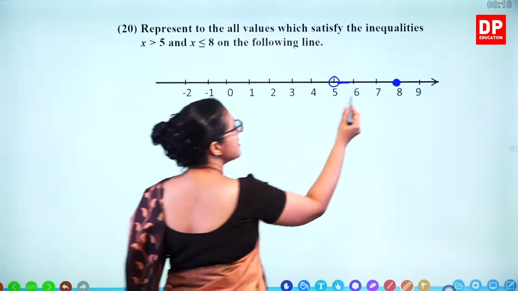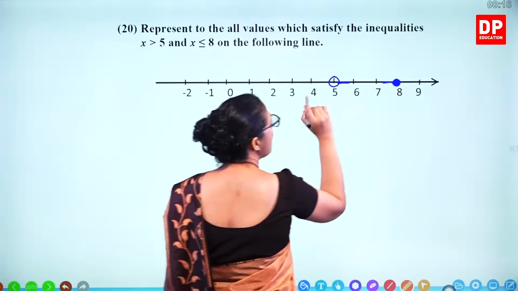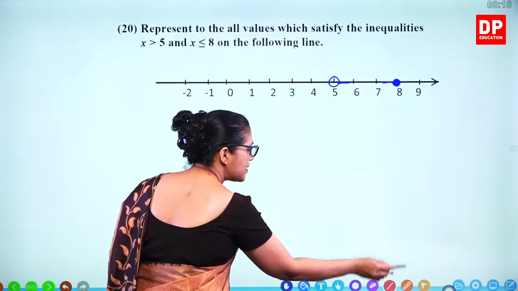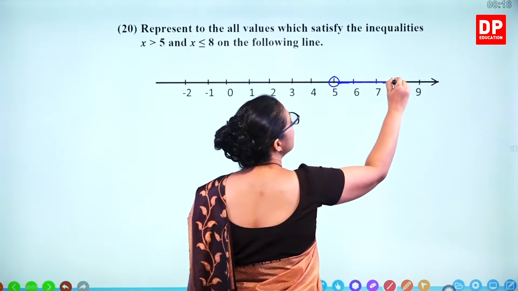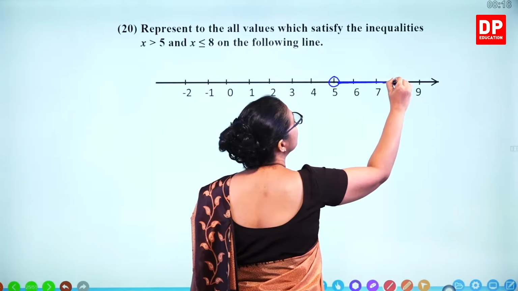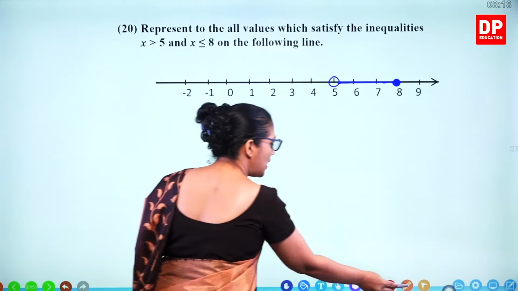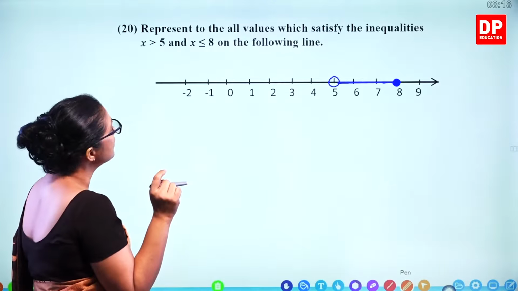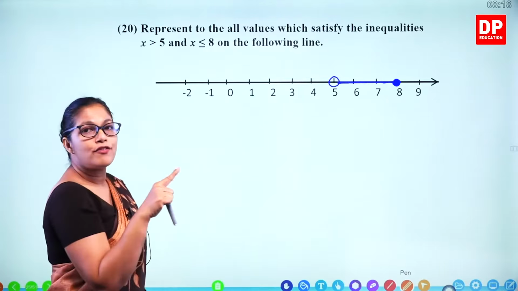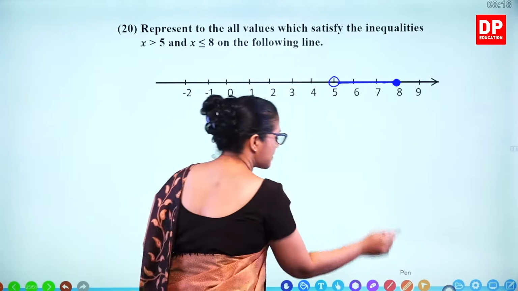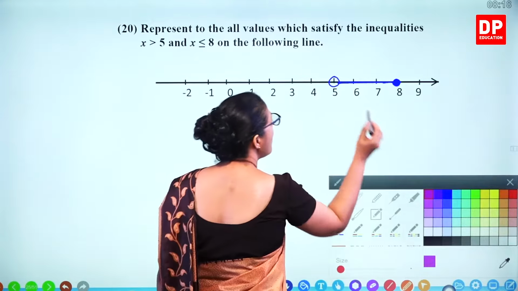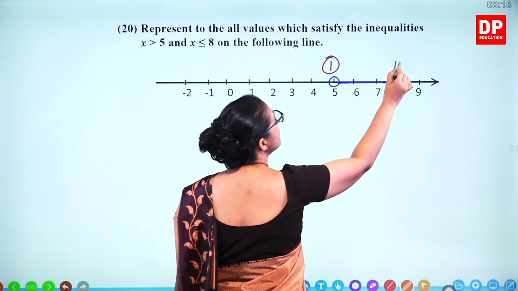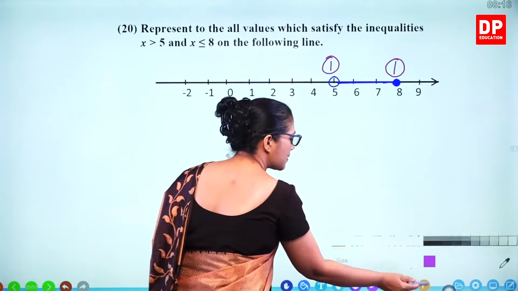Less than means this side. So to satisfy both, you have to color this region, in between 5 and 8. So you can represent all the values like this. So you get 2 marks, 1 mark for this one and 1 mark for this.